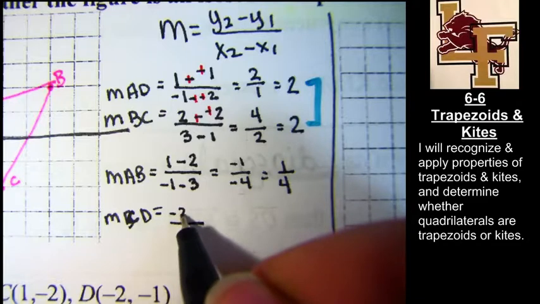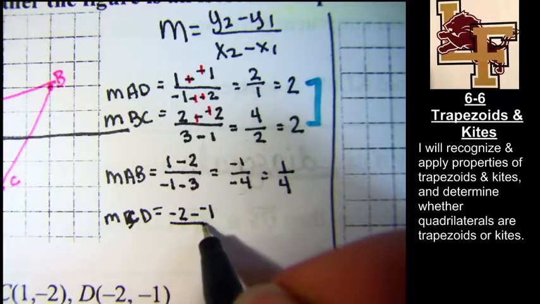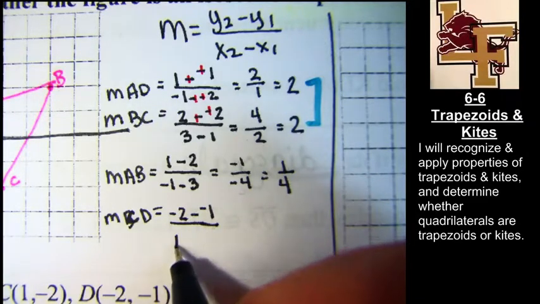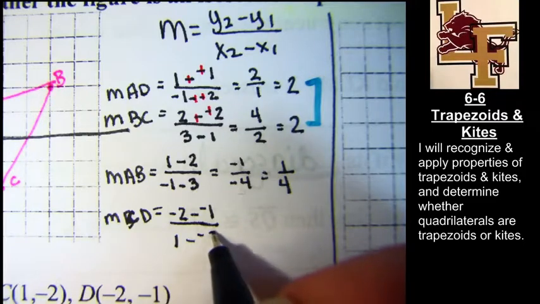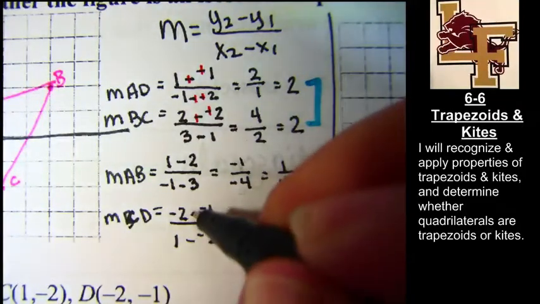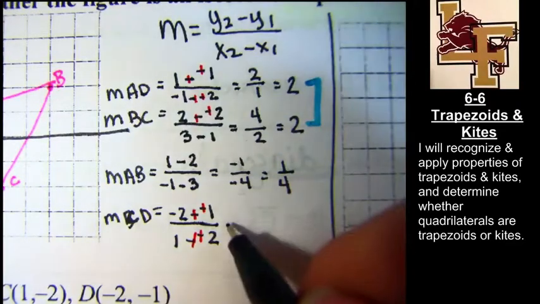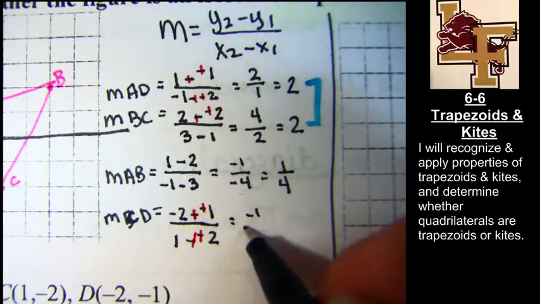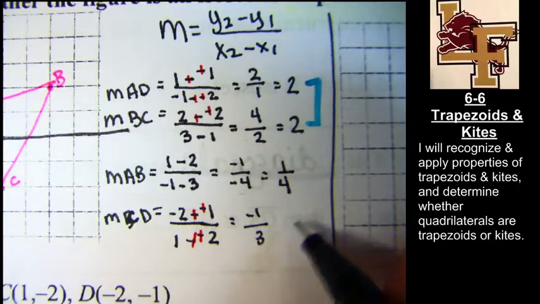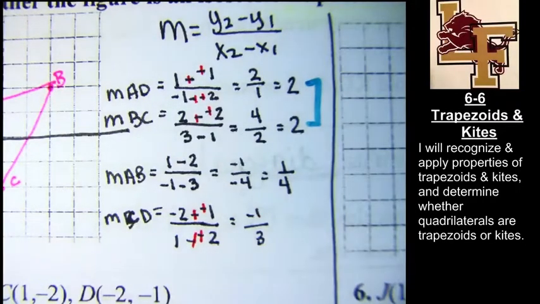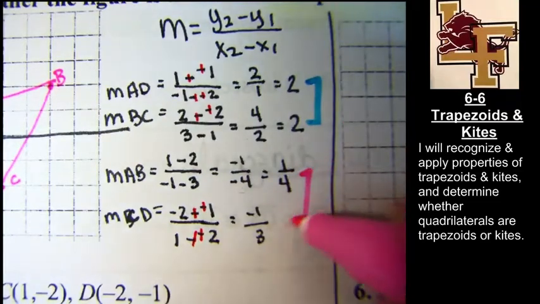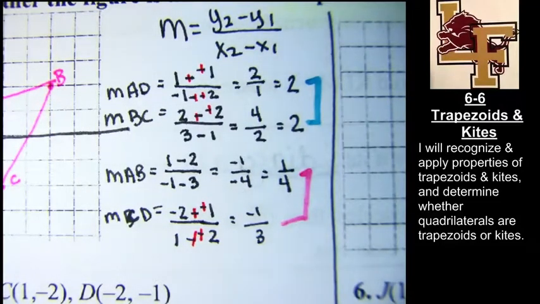Y coordinate for C, y coordinate for D, x coordinate for C, x coordinate for D. Get rid of my double negatives. And I'm going to compare these two. They're not the same. Okay, good.